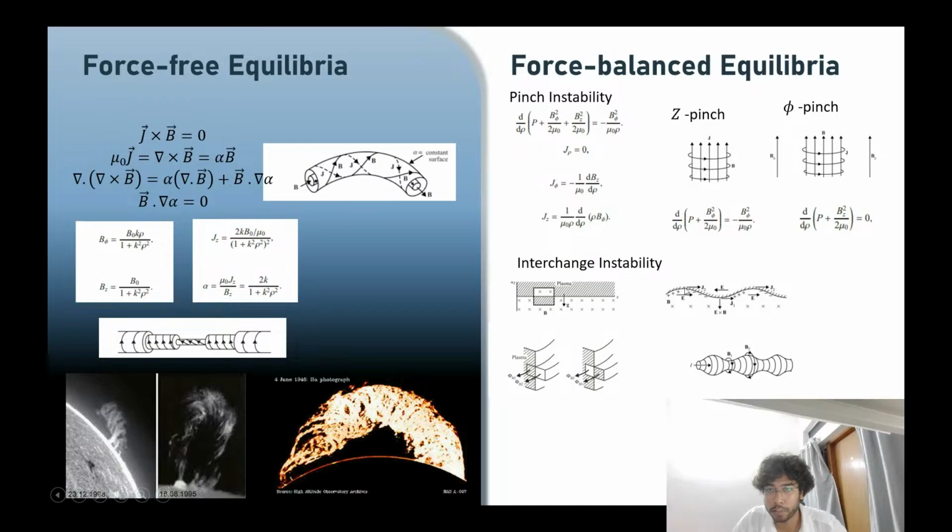At the top of this wave the current is J2, and at the bottom of this wave the current is J1. Since the total pressure of the plasma that is balanced by this bottom layer is slightly more than the top layer, J1 will be greater than J2. So the current at this bottom crest of the wave will be greater than that at the top crest.